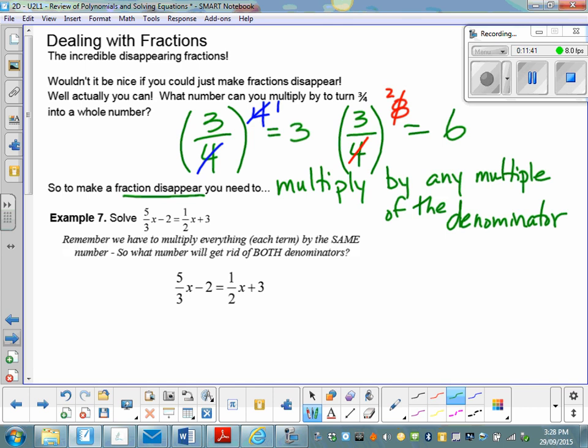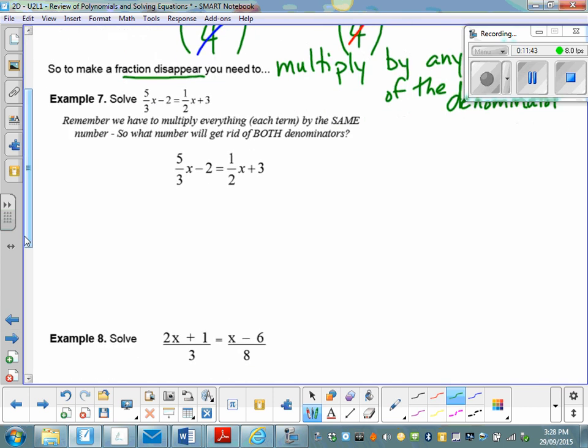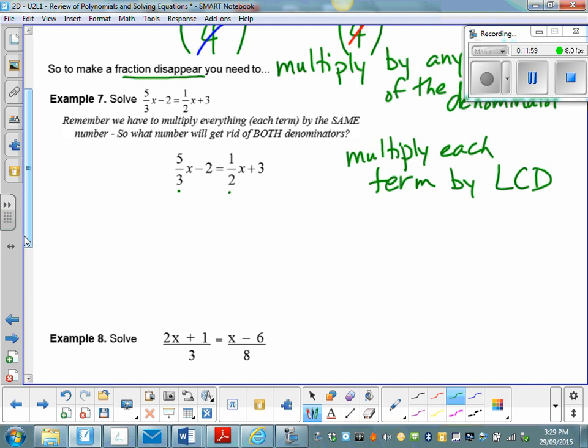So, in this first question here, we have 2 denominators. So, we're going to multiply each term by the lowest common denominator. And if we're working with 3 and 2 as fractions, our lowest common denominator would be 6.